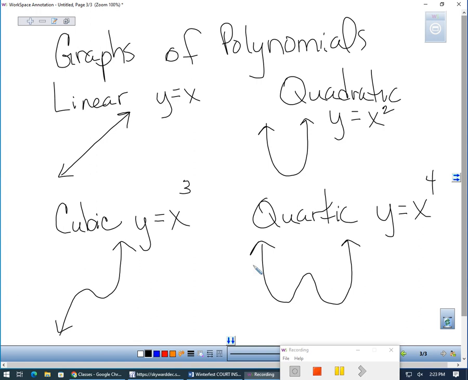On the left-hand side, I have polynomials that are odd, linear and cubic. What do you notice about the way they're pointing? Yes, they're going in opposite directions. On the right-hand side, we have the even ones, squared and x to the fourth, and they're both going the same direction.